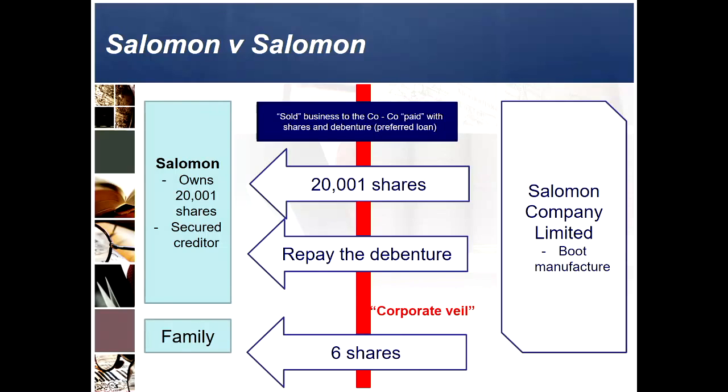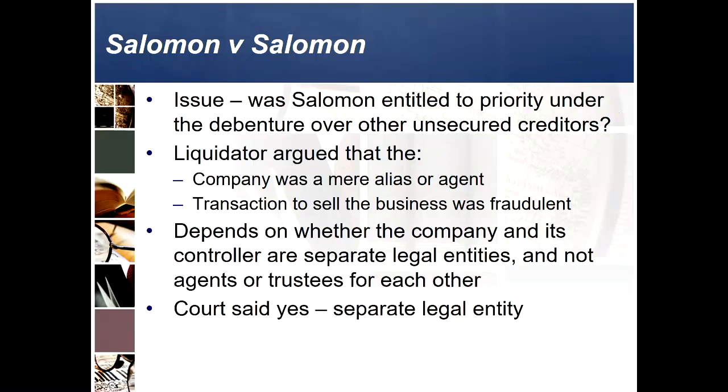So what happens to Salomon Company Limited? Salomon Company Limited was trading, but it became insolvent. So Salomon Company Limited, whose major shareholder was Mr Salomon, whose managing director was Mr Salomon, and whose secured creditor was Mr Salomon, became insolvent. So when a company is insolvent, that just means that, for our purposes, it has more liabilities than assets.